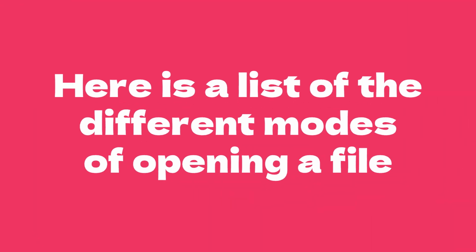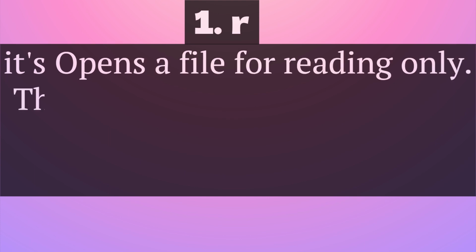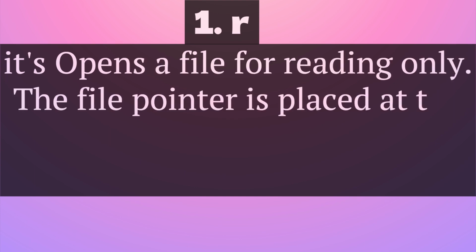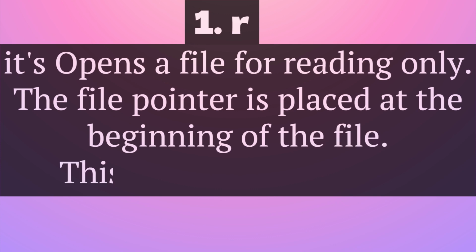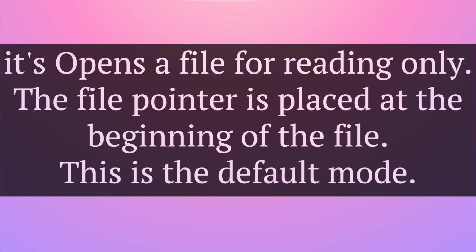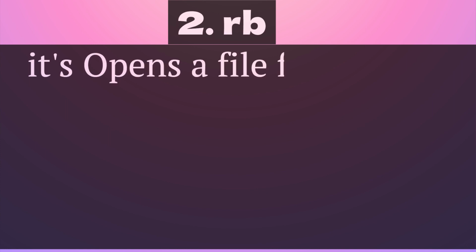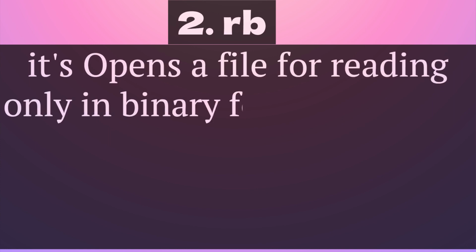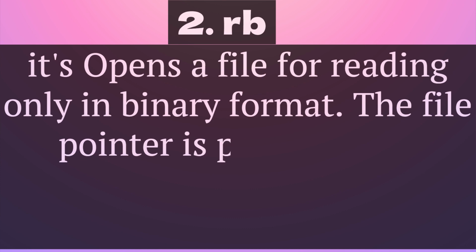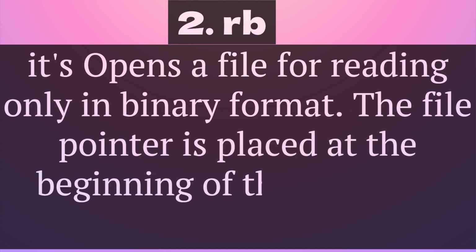Here is a list of the different modes of opening a file. 1. r. It opens a file for reading only. The file pointer is placed at the beginning of the file. This is the default mode. 2. rb. It opens a file for reading only in binary format. The file pointer is placed at the beginning of the file.